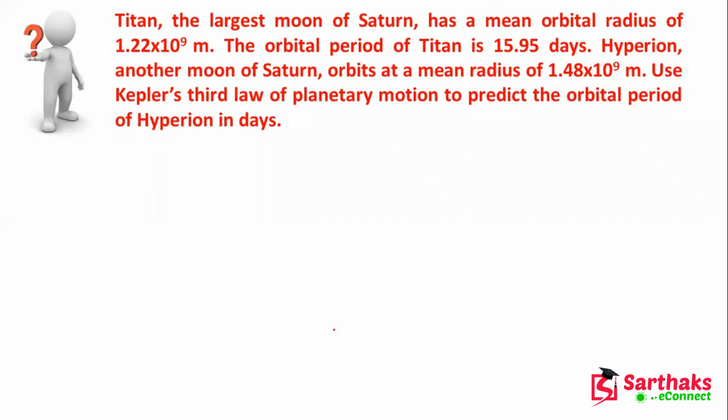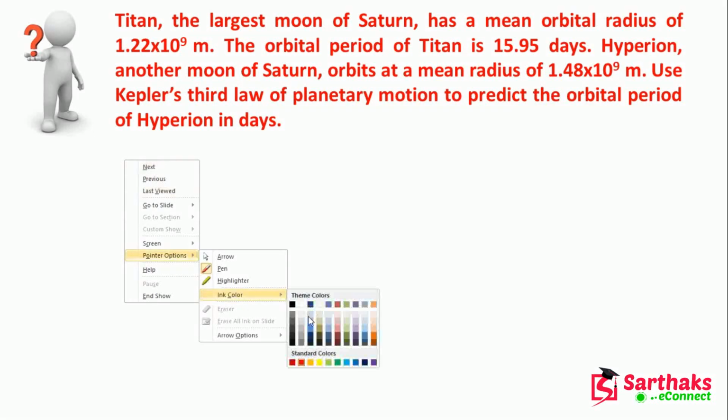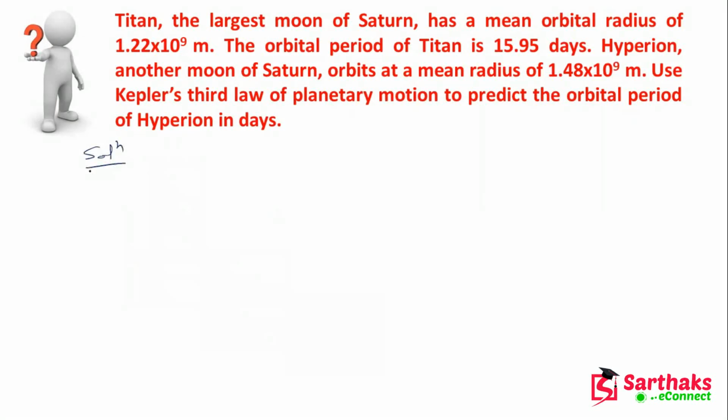Now let us do some numericals regarding this. So Titan, oh okay, Titan. Let me change the ink first. Okay, solution. Titan, the largest moon of Saturn, has a mean orbital radius of 1.22 into 10 to the power 9 meter. I have always told you, first write down the given data.